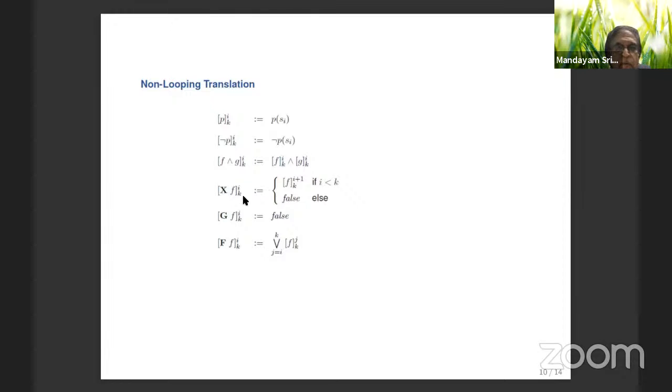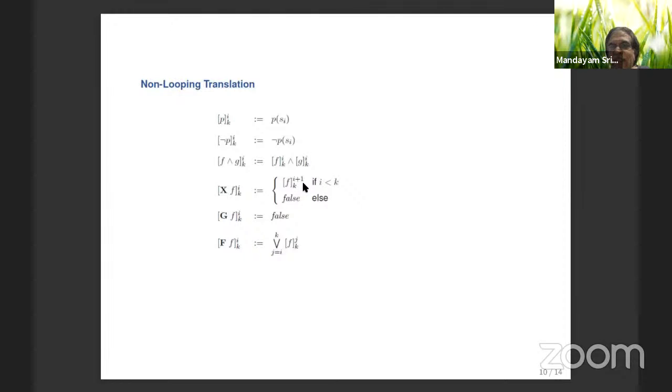So X F of I, K is saying if I is less than K, then it is whatever is the translation of F. It is true if it is true of F starting from the suffix of the K-long path at I plus 1.